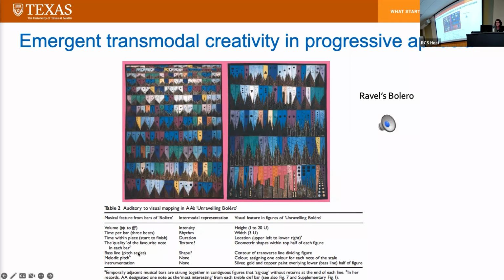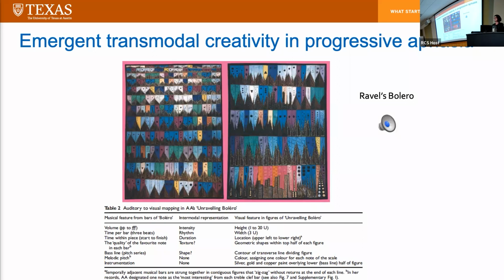And then you can see other aspects of the music that are represented by different visual elements. So the bass line is represented by the contour of the transverse line dividing the figure. Instrumentation is represented by different colors, as is pitch, etc., etc. So just amazing, right? Really, really impressive and very unusual.